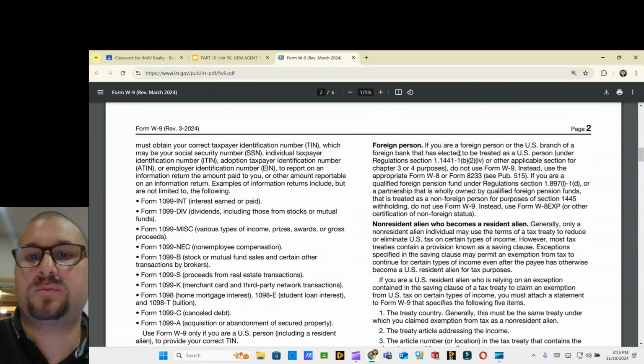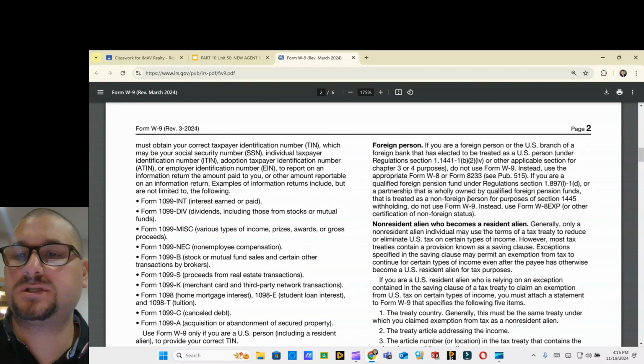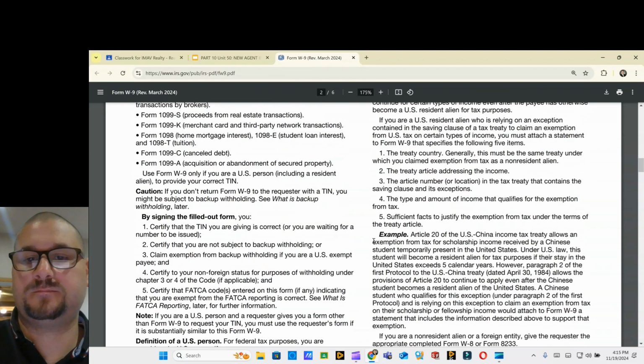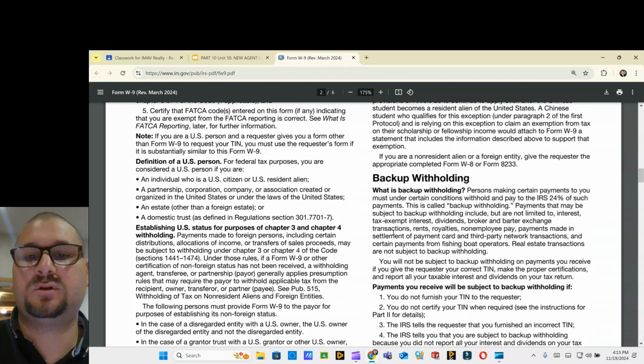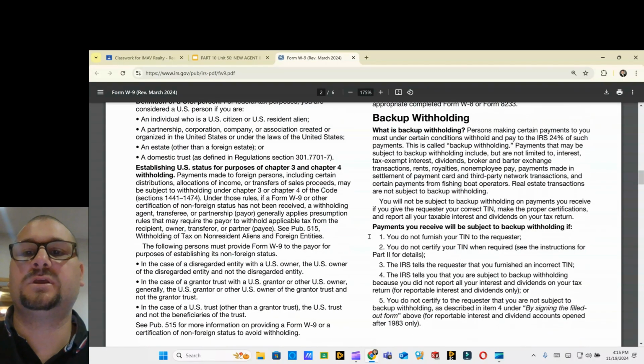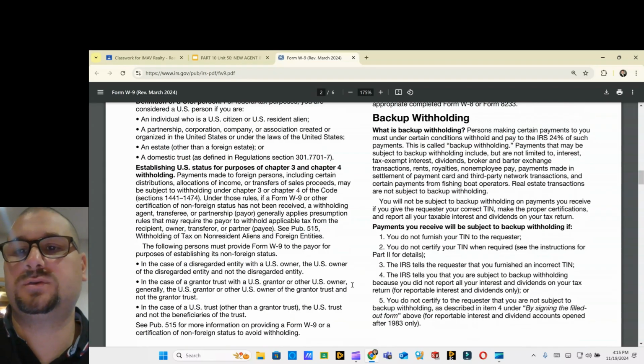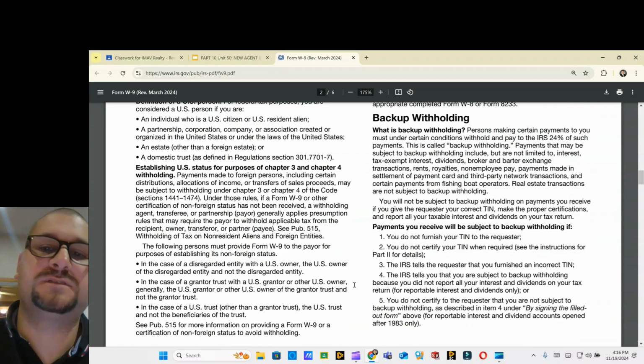All right, so for foreign persons, if you are a foreign person or the U.S. branch of a foreign bank that has elected to be treated as a U.S. person under Regulation Section 1.1441, non-resident alien. So here's an example. Here's backup withholding. What's backup withholding? Persons making certain payments to you must, under certain conditions, withhold and pay to the IRS 24% of such payments.